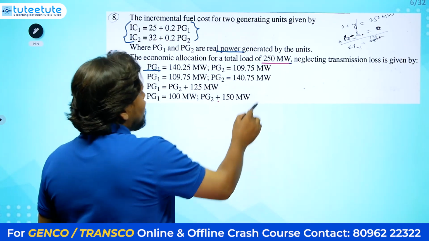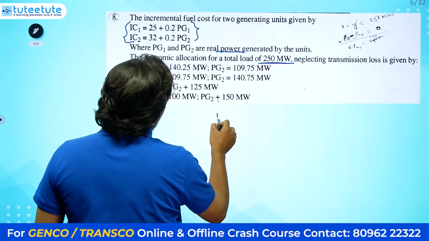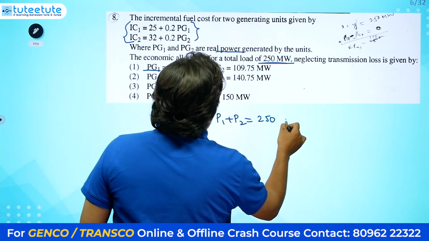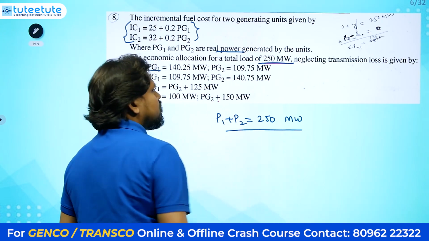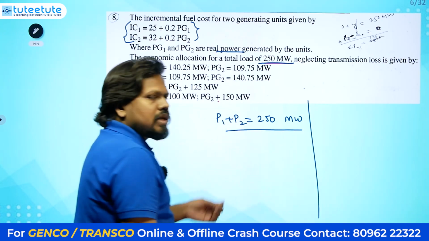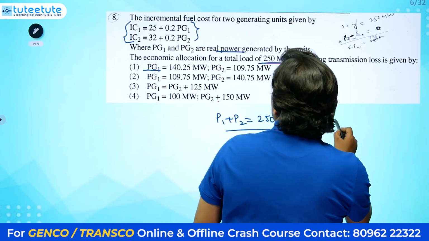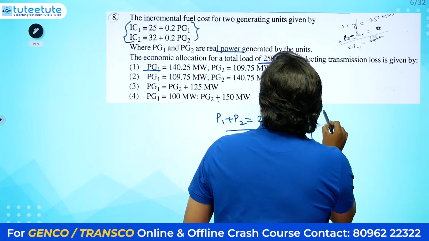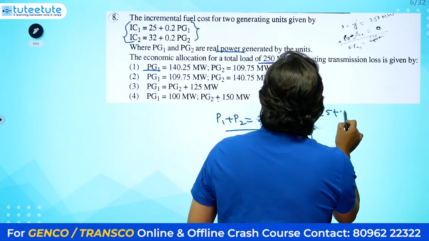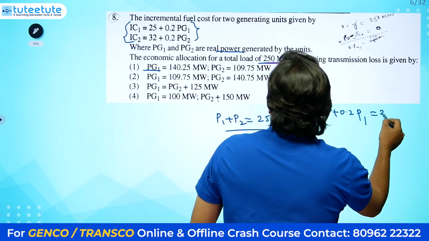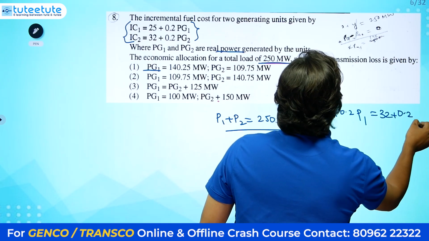Anyway, the total load they have mentioned as 250, which means P1 plus P2 equals 250 megawatt. If we have another relation like this, then we can solve. For economic generation, the incremental costs must be equal. So 25 plus 0.2 P1 equals 32 plus 0.2 P2.